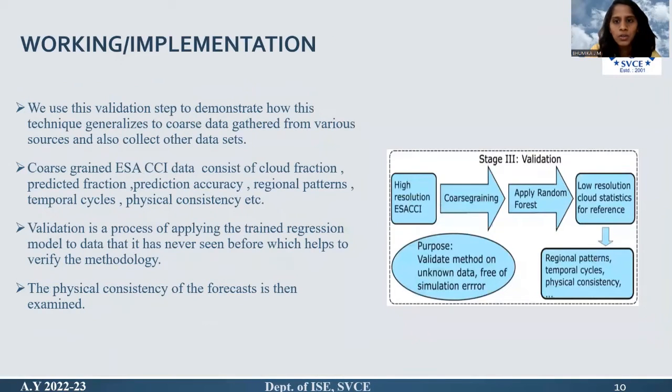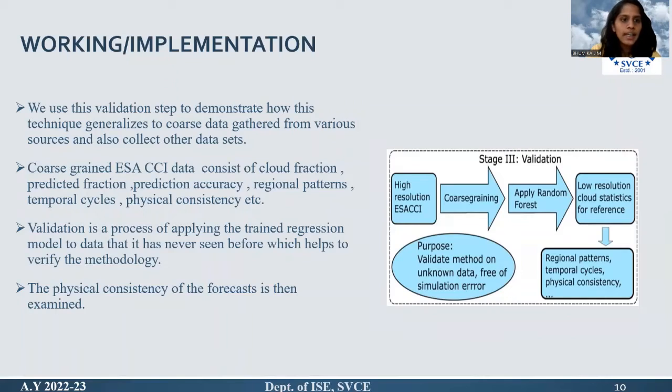So let's go for the third step, which is called validation. We use this validation step to demonstrate how this technique generalizes to coarse grain data gathered from various sources and also collects other data sets.